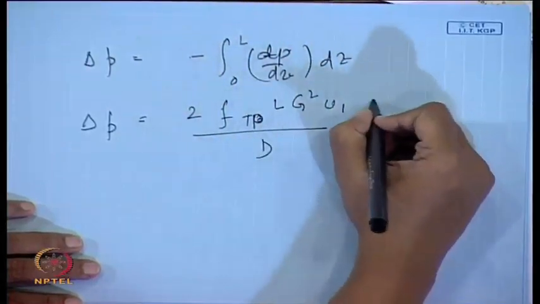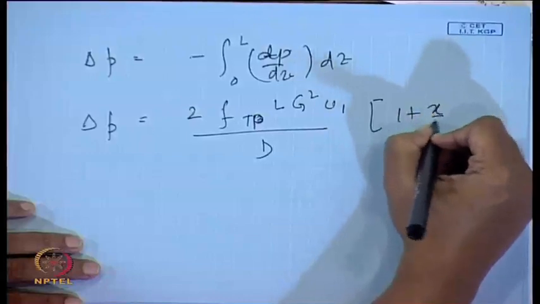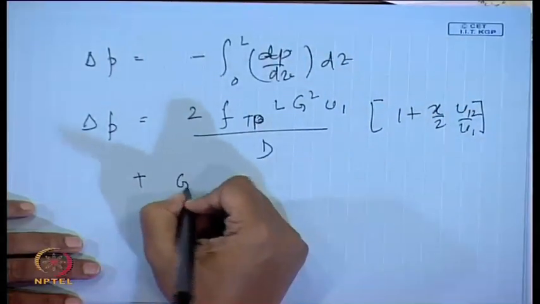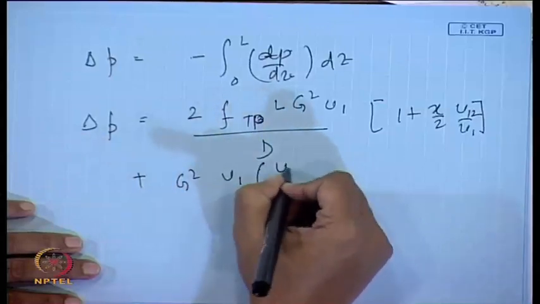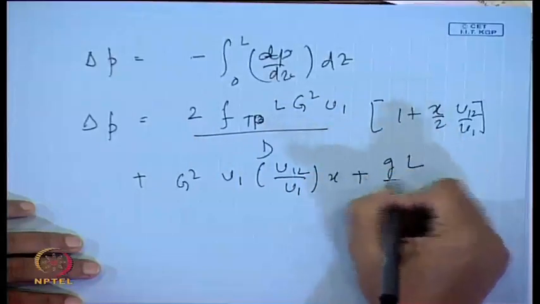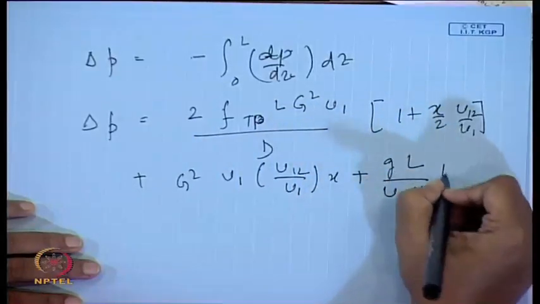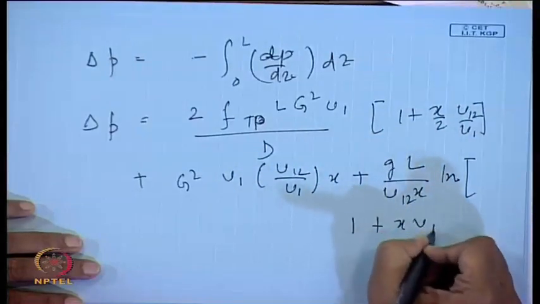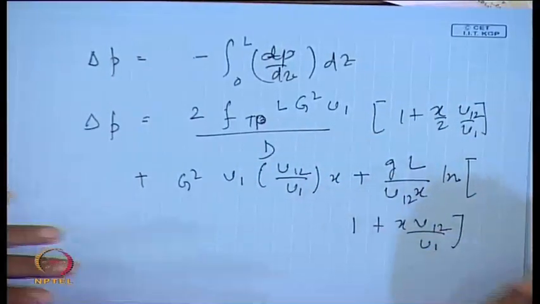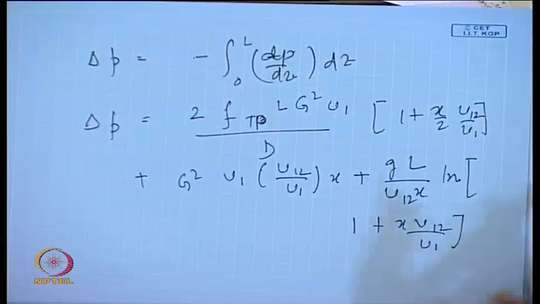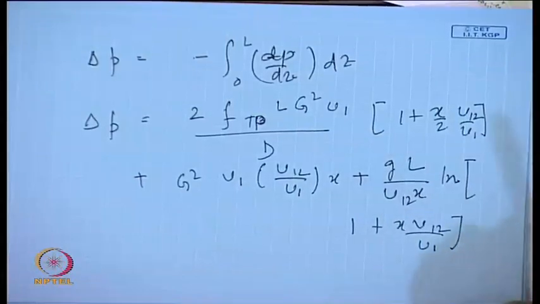The final expression which you are expected to get is something of this sort: V 1 2 by V 1 into x plus g d z by V 1 2 x ln, write it down here, 1 plus x V 1 2 by V 1. Just see whether you get this particular expression or not. Okay. So, this is your home assignment, do it and let us see whether you get it or not.